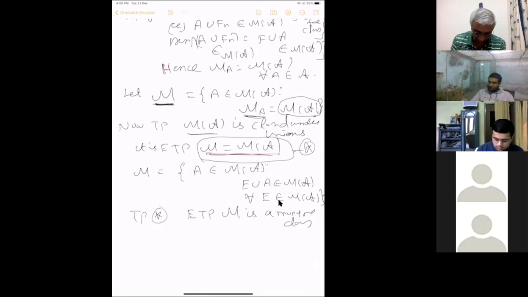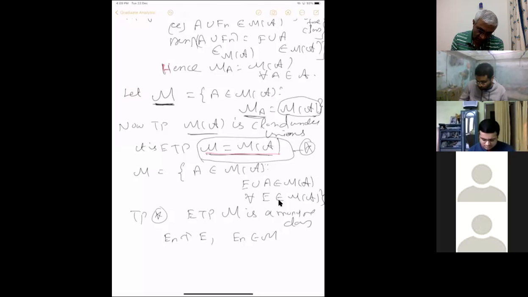So suppose some En increases to E and En is in M. Then we have to verify this property. No, wait. Sorry. Let me be very careful. So we want to prove that M is a monotone class.